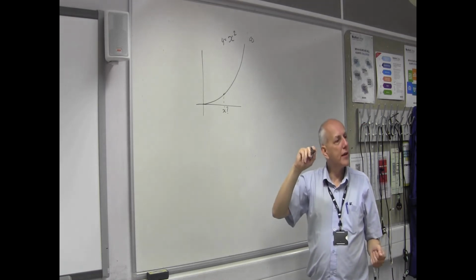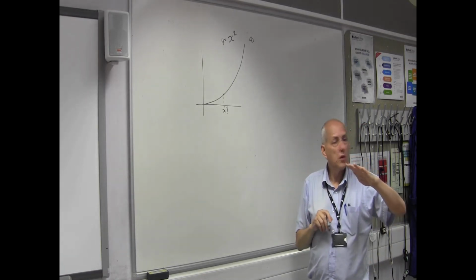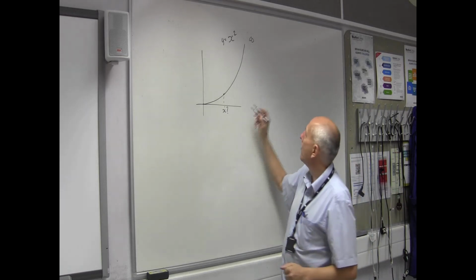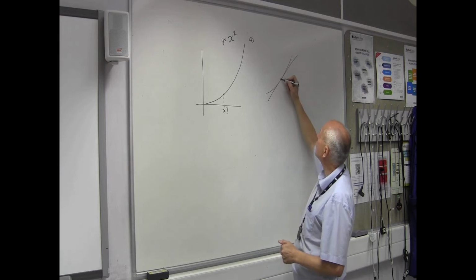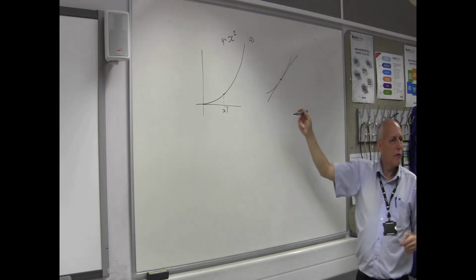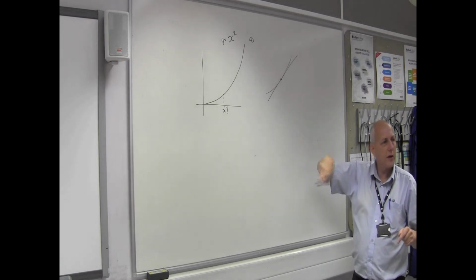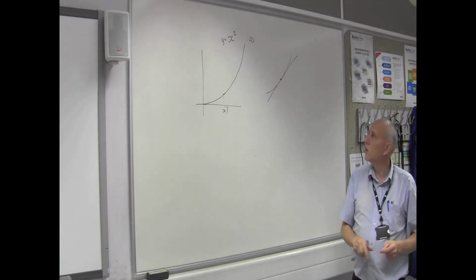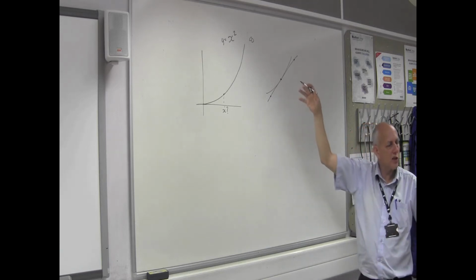Or you can try to guess the gradient by putting your line of best fit on. Oh yeah, so zooming in sort of thing, you've got this shape, you try to guess that at this point it's something like that. And if we all had a piece of graph paper with that x squared, we'd all be different. So you'd get your 2 points on that line and do the same process, but you'd all get different answers.